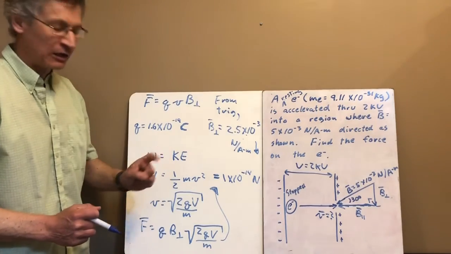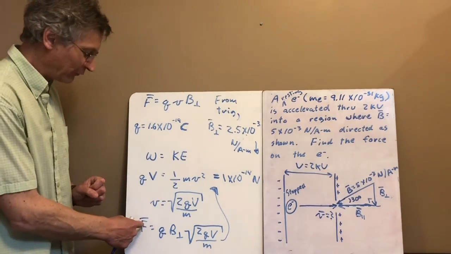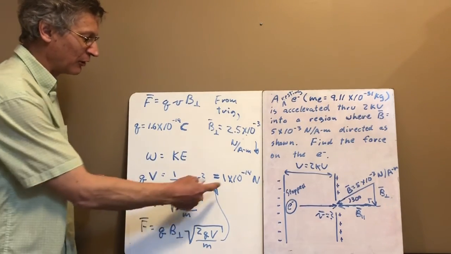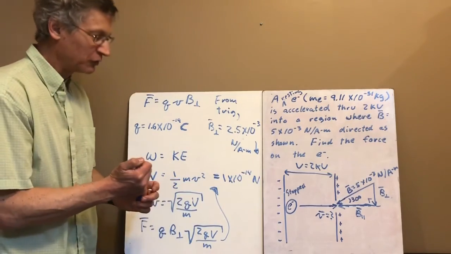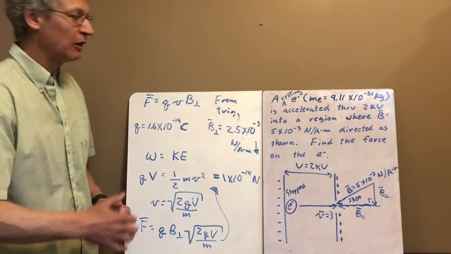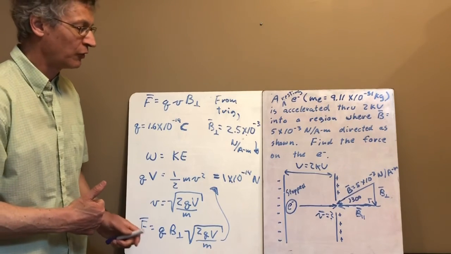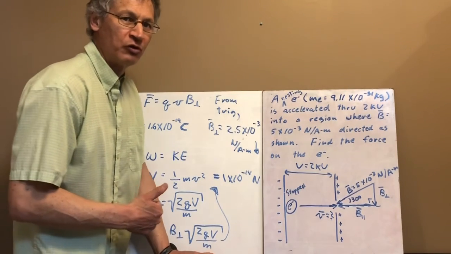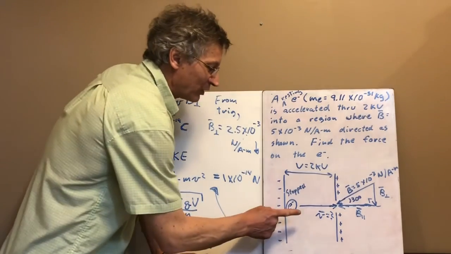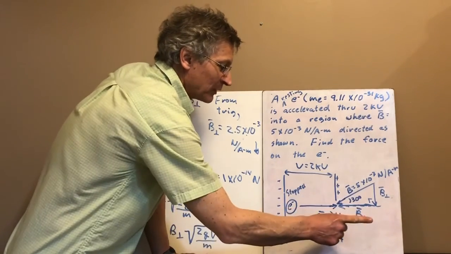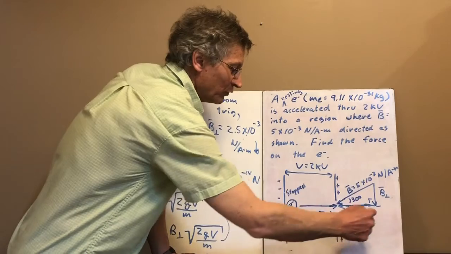Now, we're not quite done here. Remember, we're trying to find a force. A force is a vector. There's the magnitude of the force. What's the direction of the force? Okay, so here comes the right-hand rule for the direction of the force. So thumb goes in the direction of the current. Well, you have an electron moving that way. If a positive could move, it would move the other way.